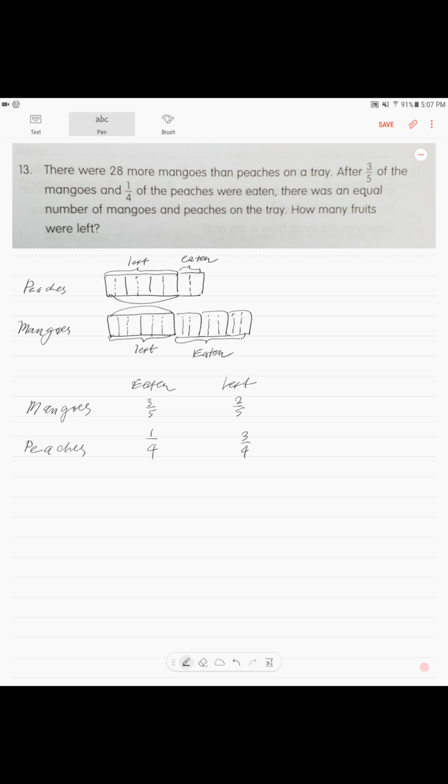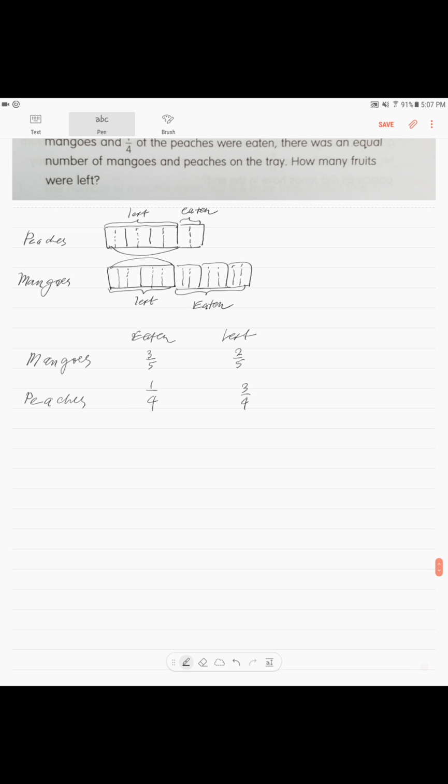This thing is this thing, right? And as a sentence, we can write it down: 2/5 of mangoes is the same thing as 3/4 of peaches. This thing is the same thing as this thing. This is what we did.